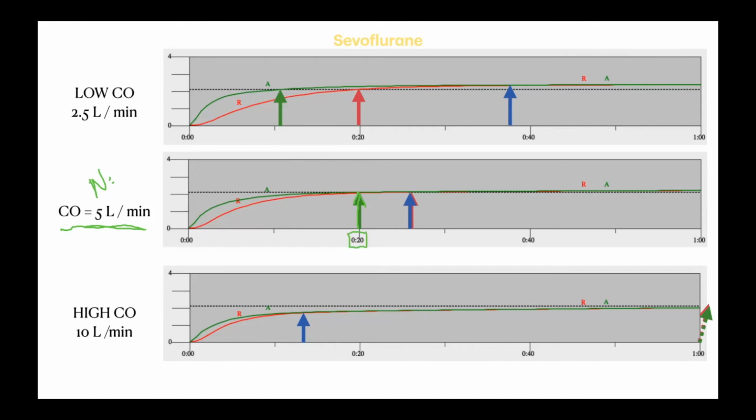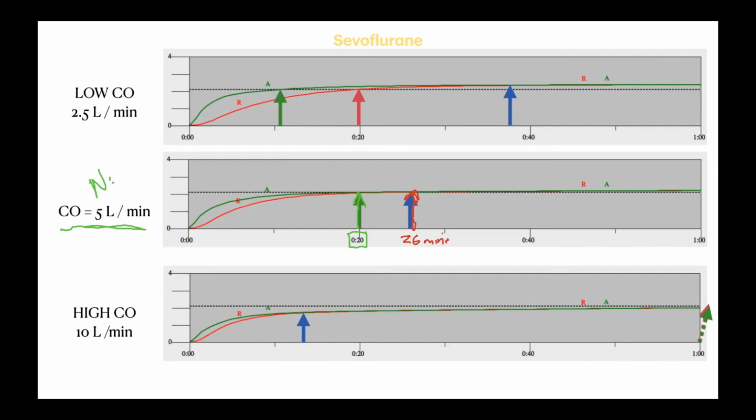Now, the assumption here is that your alveolar partial pressure is your brain's partial pressure. And what I want to show you is that if you look at this diagram, the red represents when the partial pressure in the vessel rich group reaches that threshold of 2.1. And you can see that the red one approaches it a little bit later, at about 26 minutes.